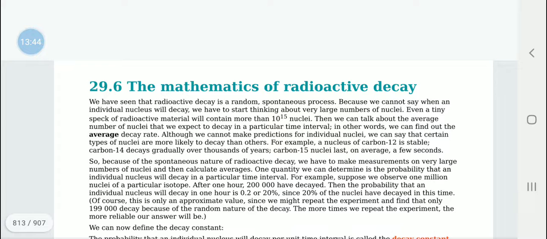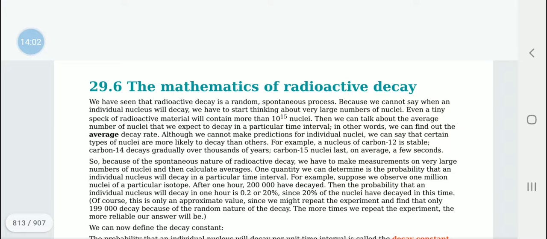That is, out of a million, 200,000 have decayed. That is 2 upon 10, that is 0.2 or 20% has decayed. So in this scenario, if we take one sample, it would give 200,000 as the answer.